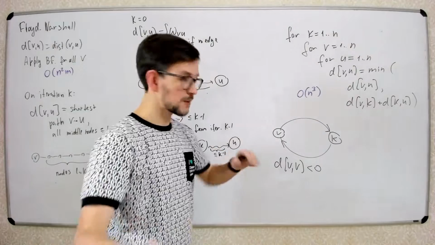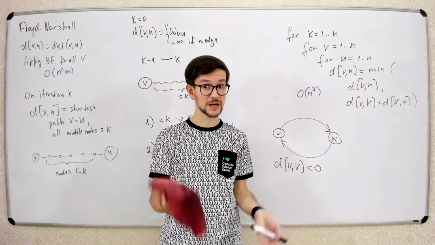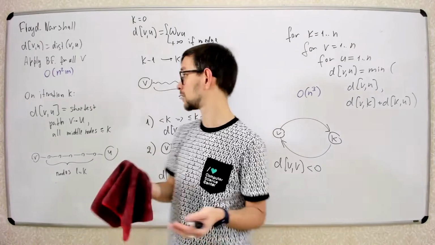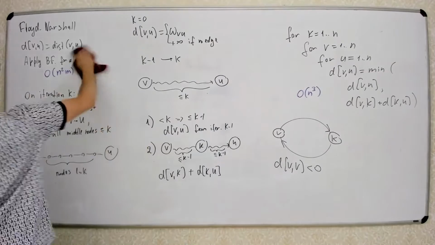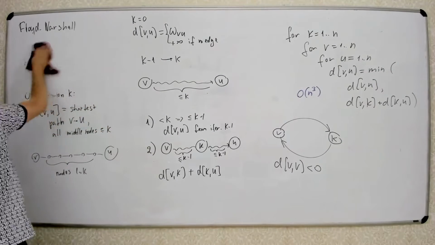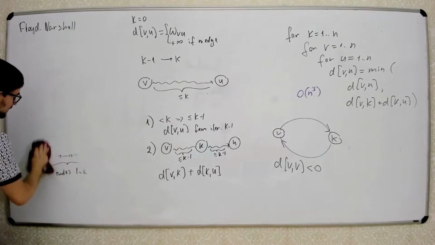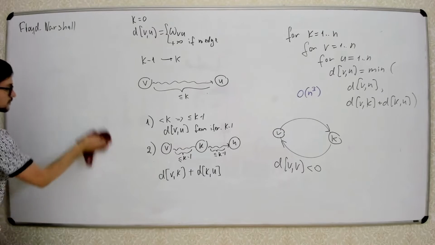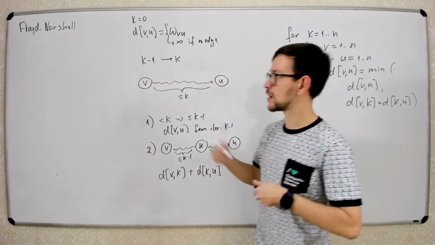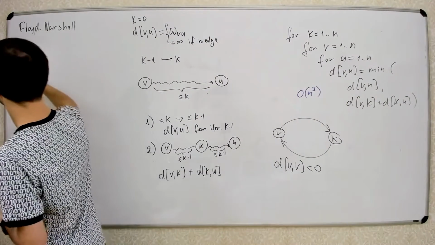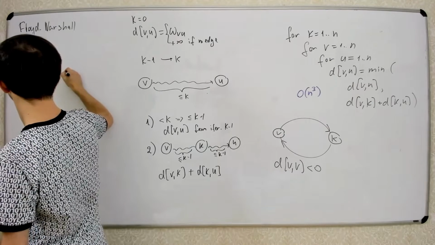What happens with the Bellman-Ford algorithm? How to detect a negative cycle in the Bellman-Ford algorithm? What you do in the Bellman-Ford algorithm is make a for loop from 1 to n minus 1.